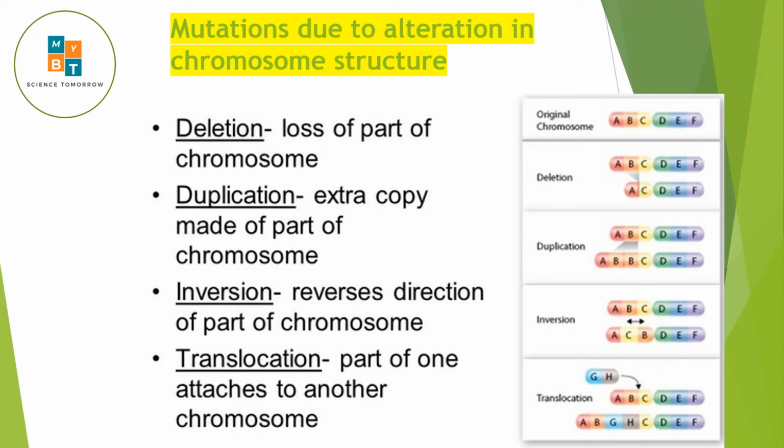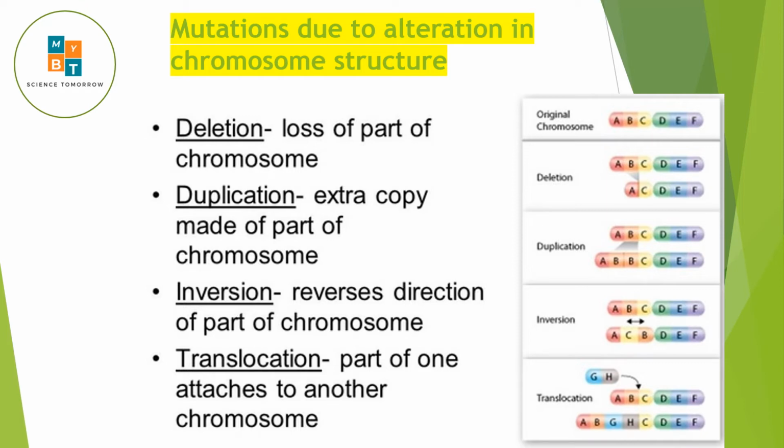In this situation, first we have the normal chromosome, A, B, C, D, E, F, and in the second we have A, C, B. The BC part has been inverted and put into the same place of the same chromosome. So you call it an inversion.